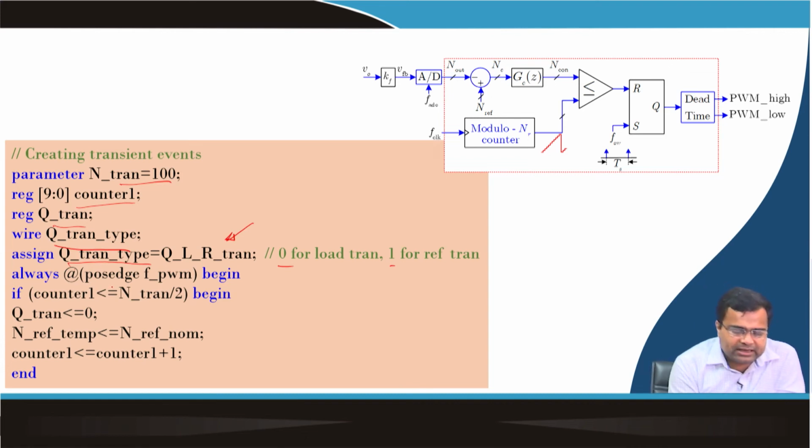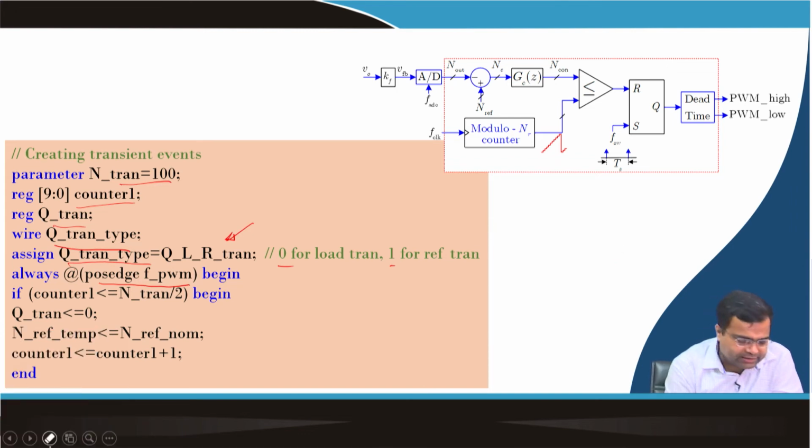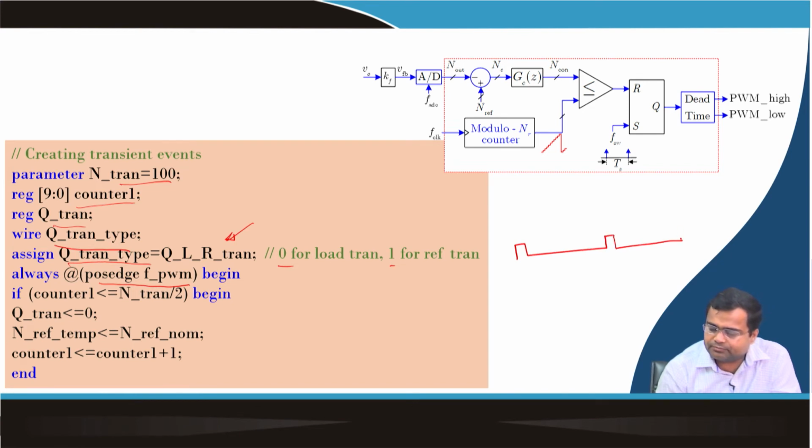Then we are actually using a PWM clock edge, that means we are using the switching frequency clock edge, which is like this. So, this is my FSW clock. At the edge, we are incrementing, like a counter is incrementing like this.